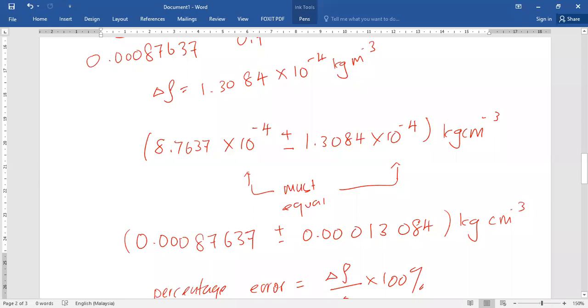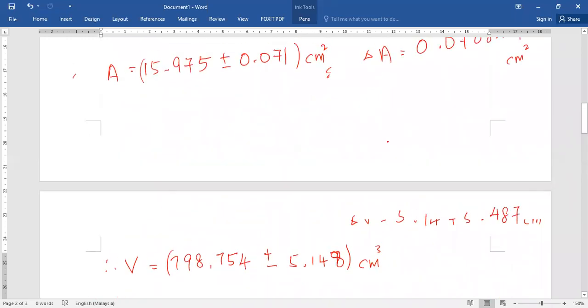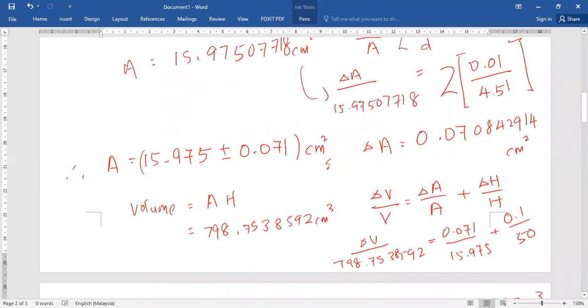Because when we calculate the area for the uncertainty, okay, area. So then we calculate the uncertainty and we get a very long number, yes.